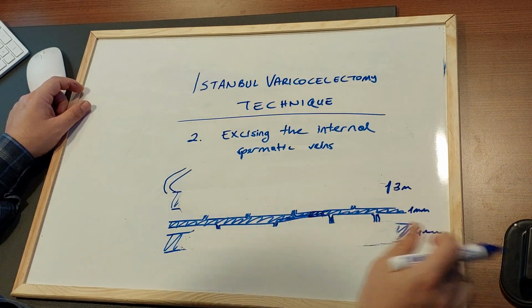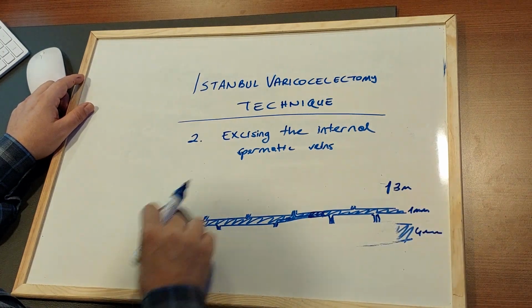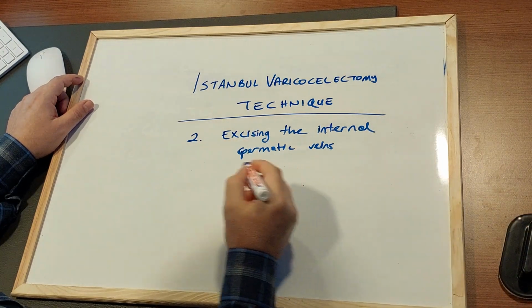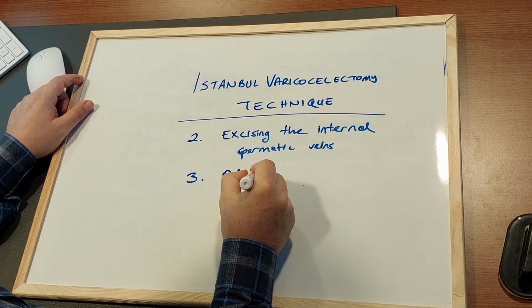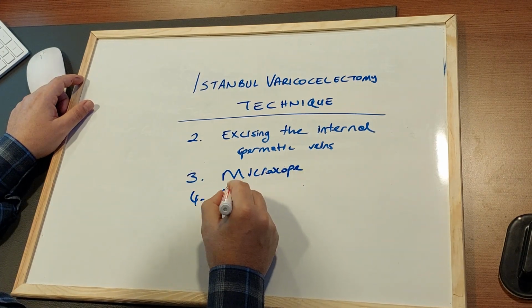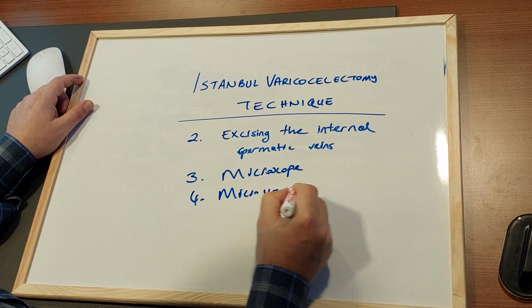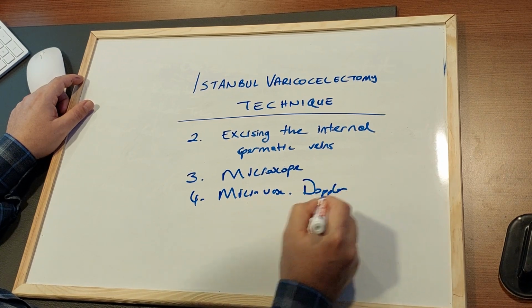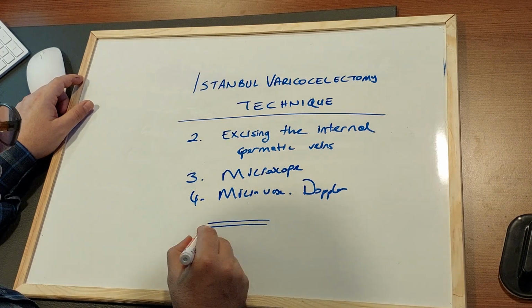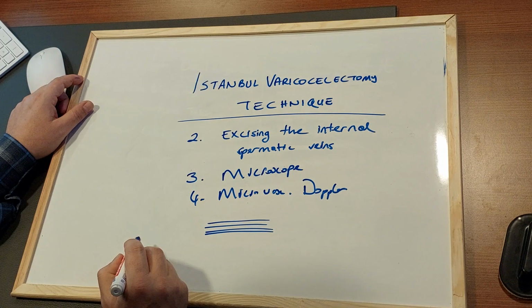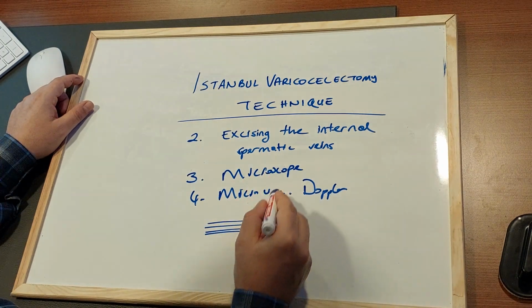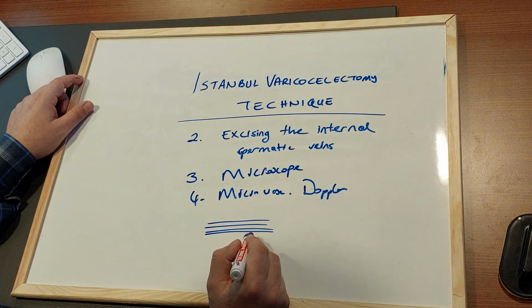The third and fourth steps of our technique are easy. It is the use of the microscope, and the third is the microvascular Doppler device. This device is important because in very tiny vessels the arteries and veins come together, and the microscope usually doesn't show exactly which is artery and which is vein.